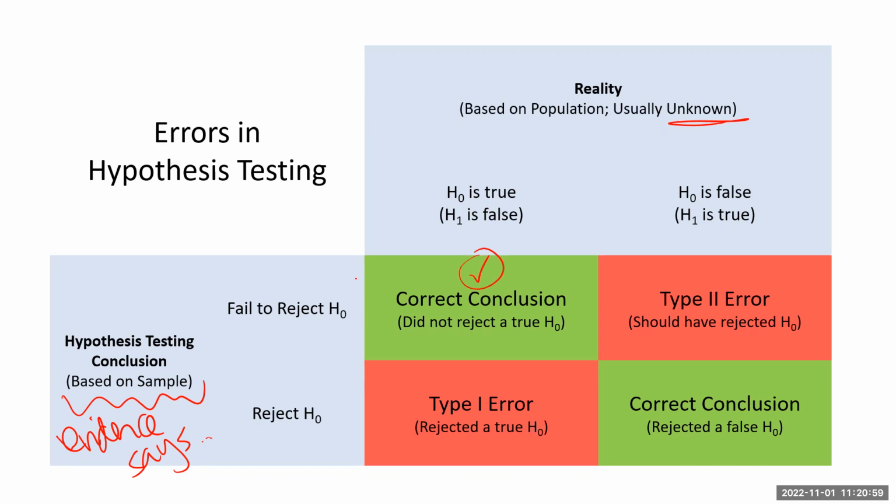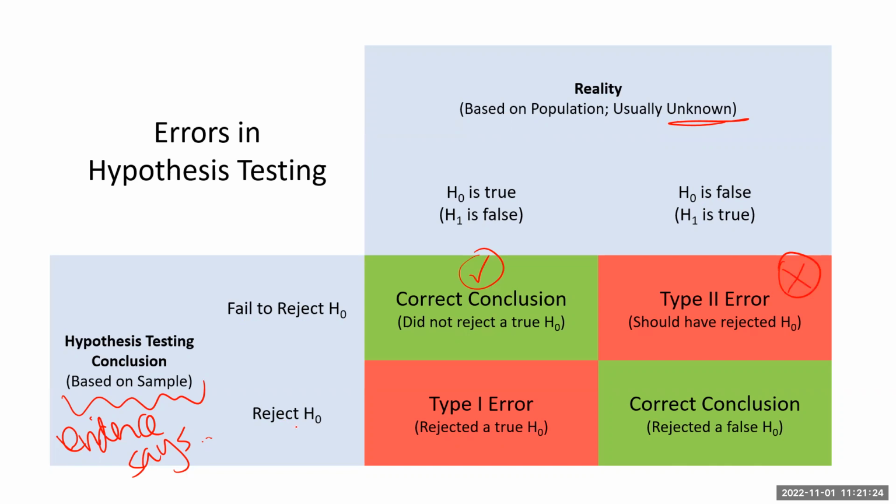Because we didn't throw it out and it was true. It was a good null hypothesis. We didn't overturn it. Now, if our data did not show sufficient evidence to overturn, but it turns out that that null hypothesis was actually false, then we committed a type 2 error, okay? We made a mistake. We didn't reject, but we should have because it was false. We should have thrown it out, okay?